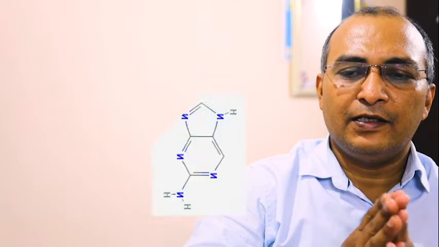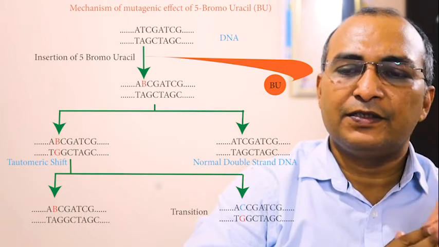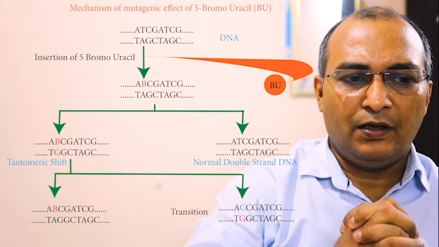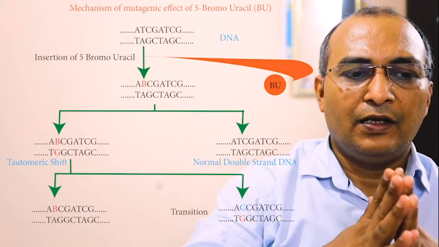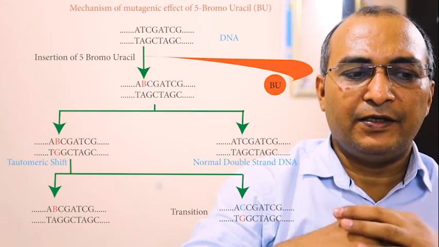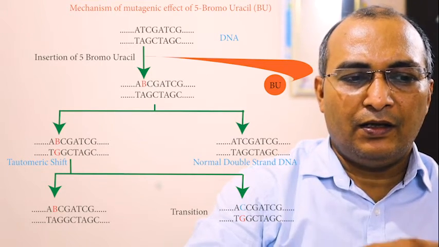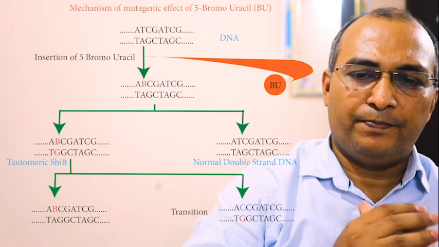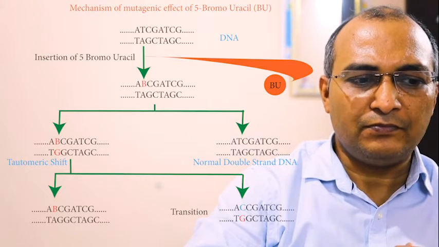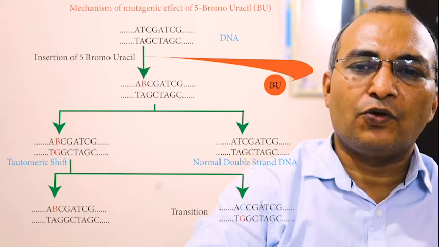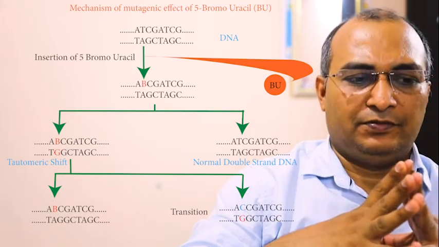5-bromouracil is a uracil derivative, and it behaves as thymine in its keto form, as we can see in the structure, and it pairs with A. In the rare enolic form, the 5-bromouracil pairs with G, and such mispairing results in transition mutation.